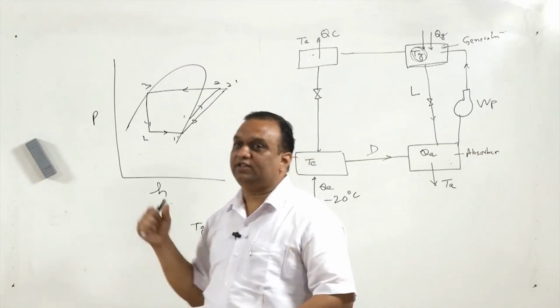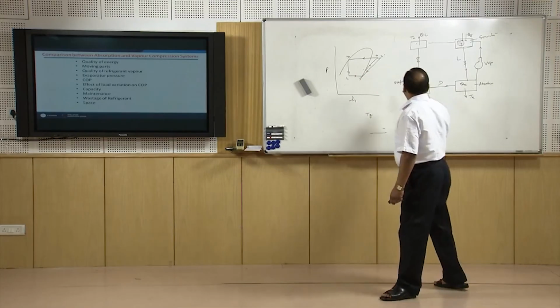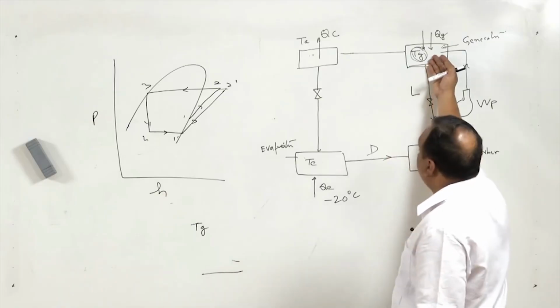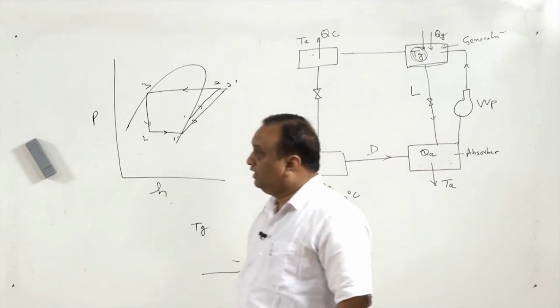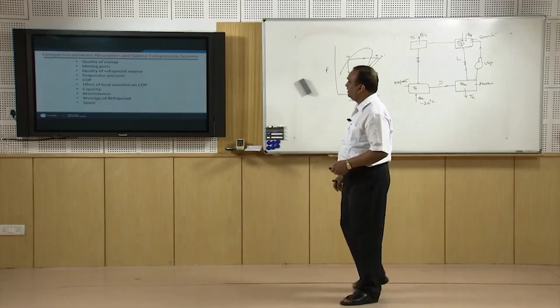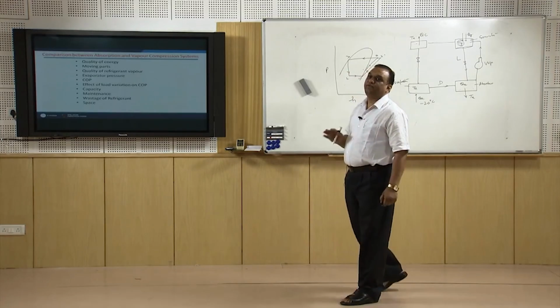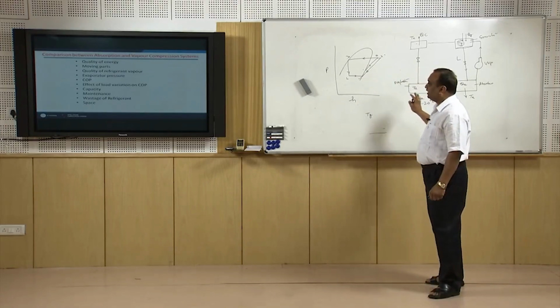But here we have seen in the previous numerical, by slight manipulation of temperature in the generator, the COP can be maintained. Capacity: we can go for very high capacity in case of absorption refrigeration plant.